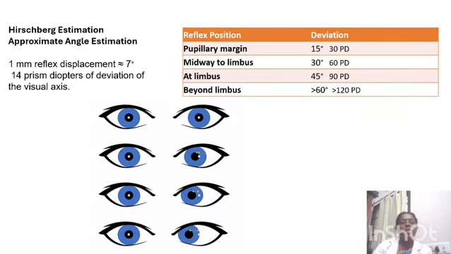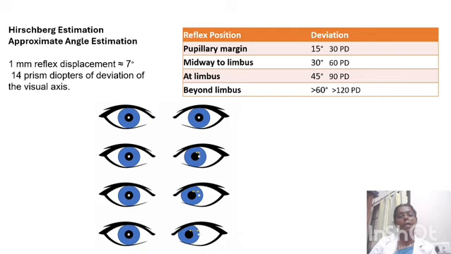The amount of corneal reflex displacement can be used to estimate the angle of deviation. A reflex at the pupil margin indicates approximately 15 degrees, which is approximately 30 prism diopters. Midway between the center and the limbus is a 30-degree deviation, which is approximately 60 prism diopters. At the limbus, the deviation is 45 degrees, which is approximately 90 prism diopters.